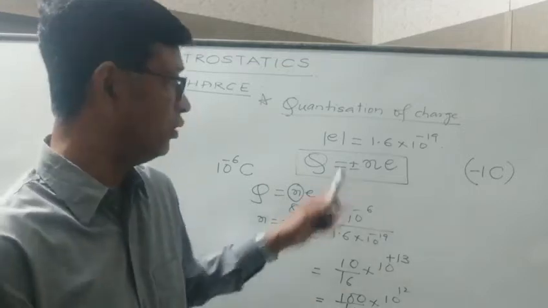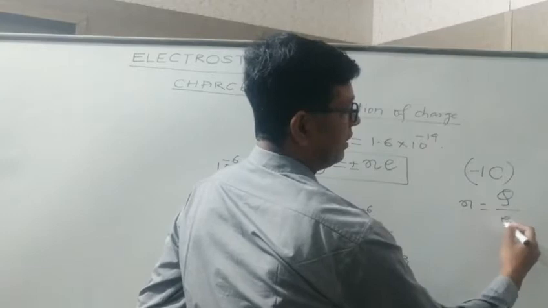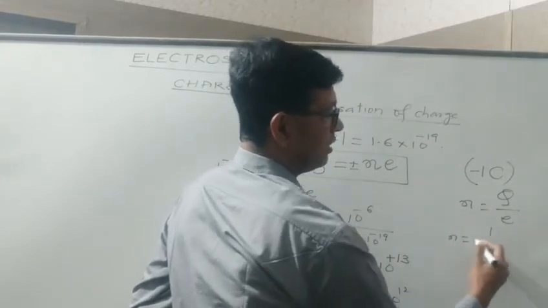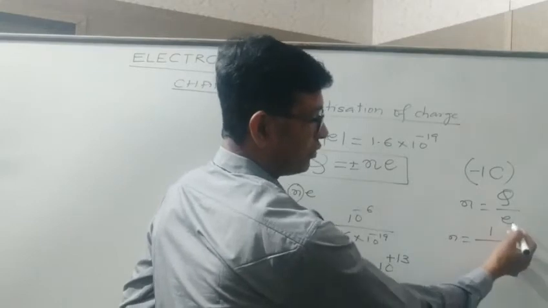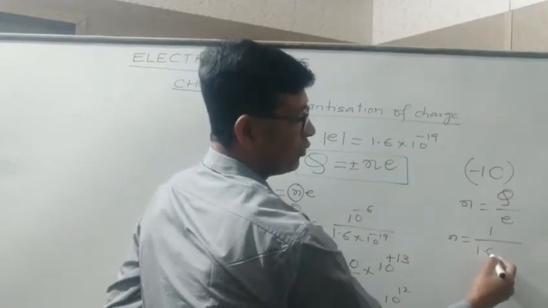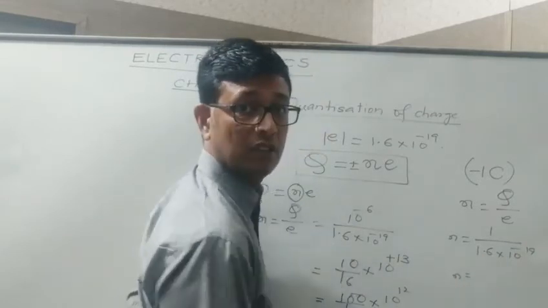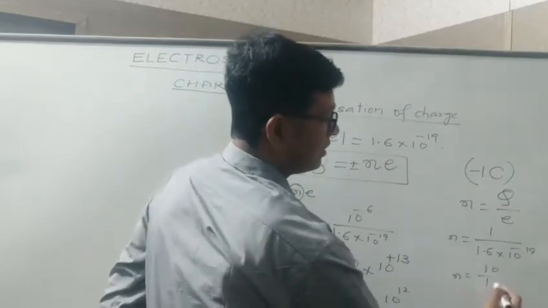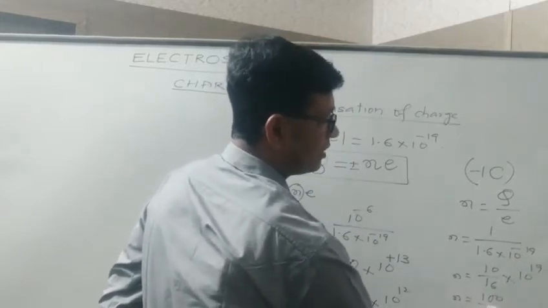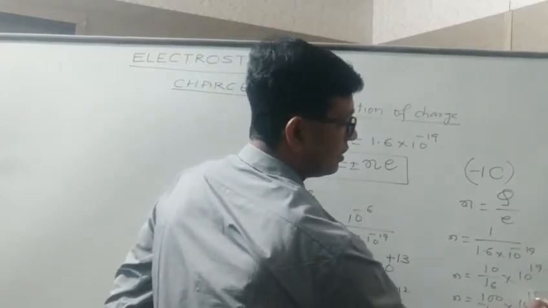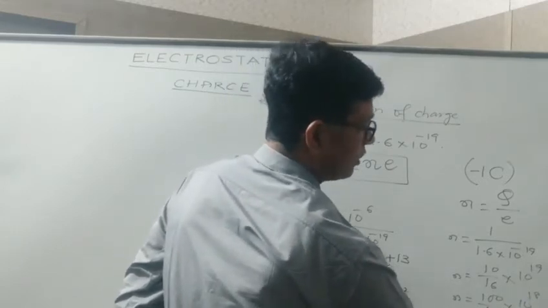Make use of this formula: number of electrons will be Q by e. So 1 divided by 1.6 into 10⁻¹⁹, taking magnitudes, since the net charge is 1 and the smallest unit of charge is 1.6 into 10⁻¹⁹. So we get 10 by 16 into 10¹⁹, or 100 by 16 into 10¹⁸, or 6.25 into 10¹⁸ electrons.